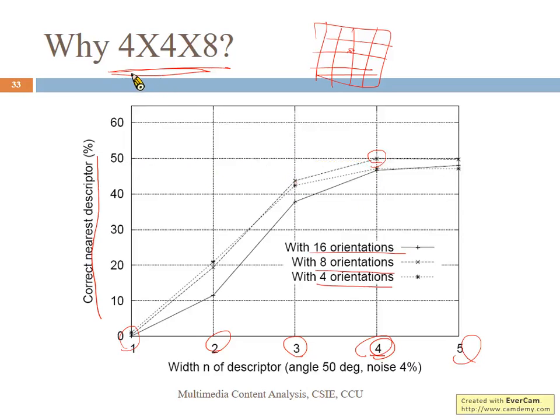So this is why finally this paper uses 4 by 4 by 8. That means we have 16 smaller patches centered at the key point, and for each small patch we construct an 8-dimensional orientation histogram.